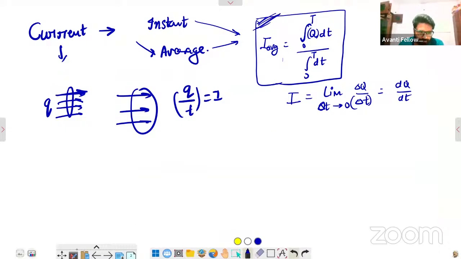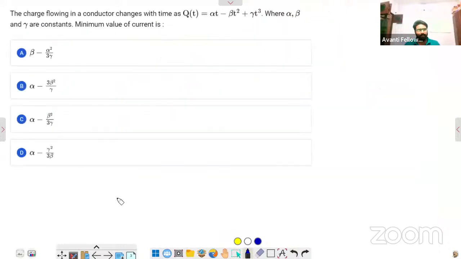Okay. Now, try to solve this question. Q(t) is given to you as alpha t minus beta t square plus gamma t cube, where alpha, beta, and gamma are constants. The minimum value of current is what you have to find. So try to find out that value. What is that value?